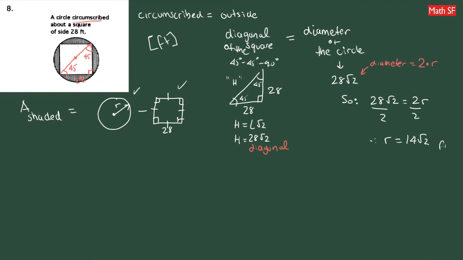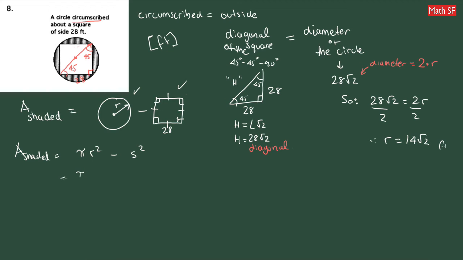So now I can find this area, and I have all the information that I needed. So the area of the shaded region is equal to, well, I'm going to write my formula first. The formula for the area of a circle is pi r squared minus, for this square, s squared.